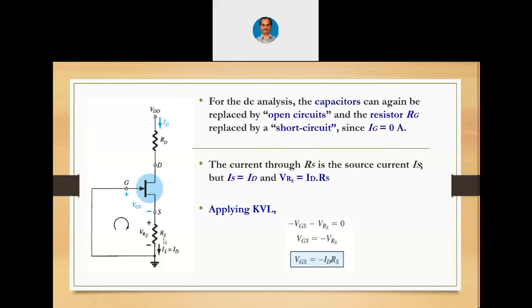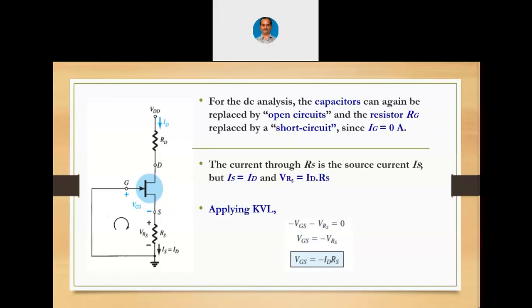Means VGS is not a fixed voltage here now. When the drain current changes, even VGS changes. That means VGS is a function of ID. Even though RS is fixed, ID can change based on the value of RD. If ID changes, even VGS also changes. That is how we say that VGS is a function of ID.